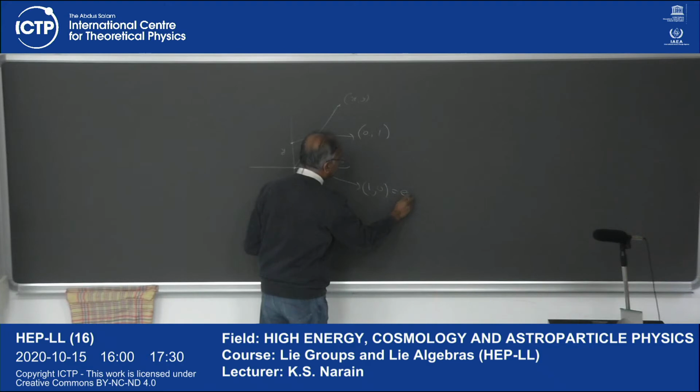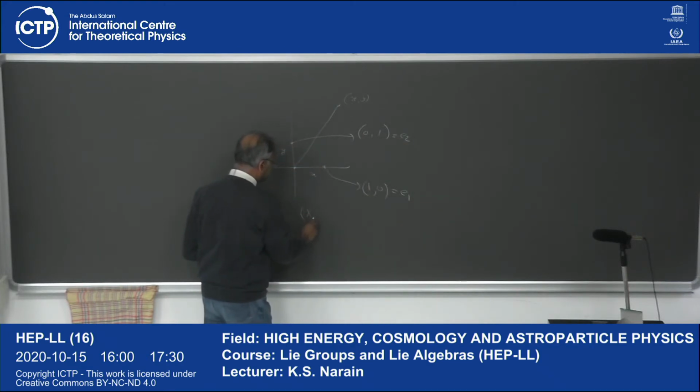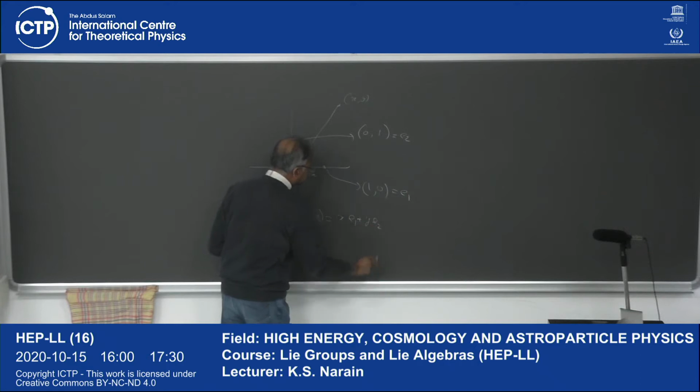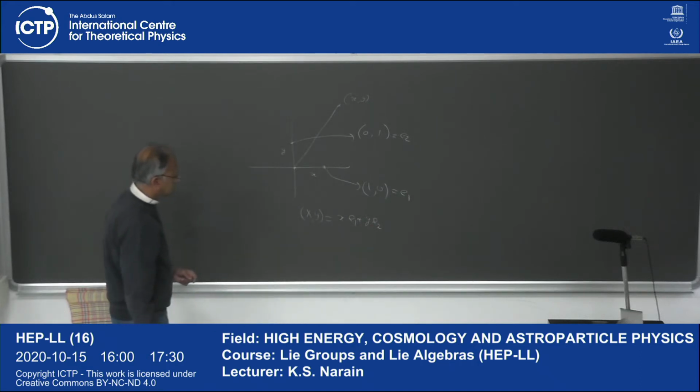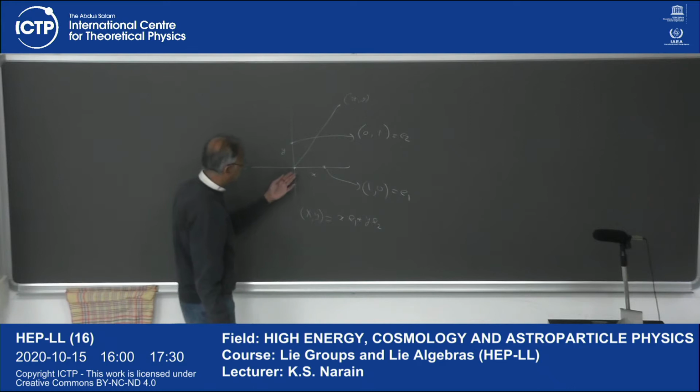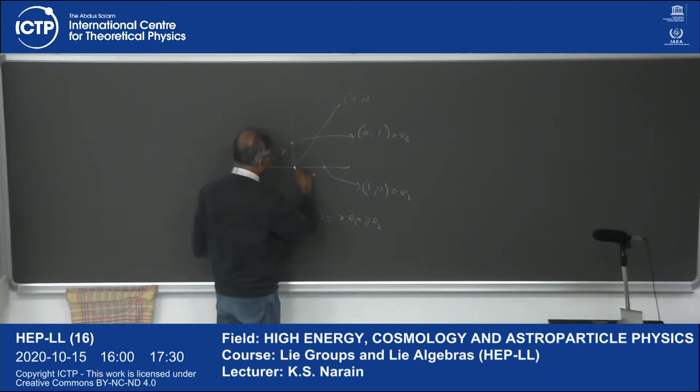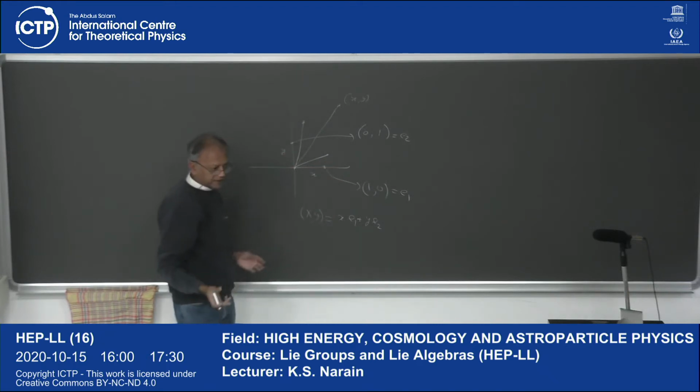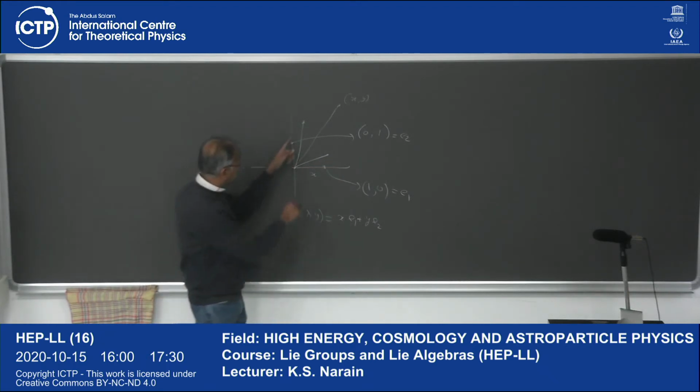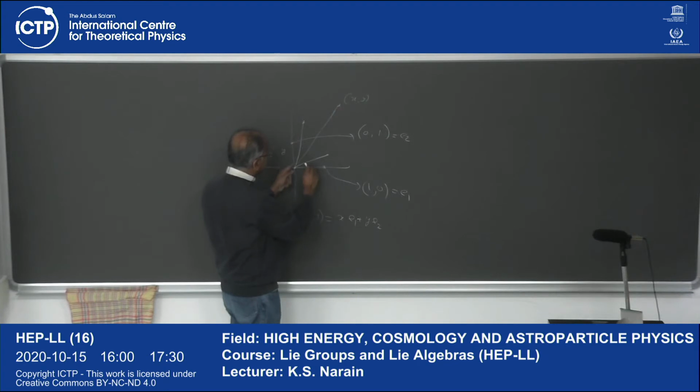Let's call this E1 and that E2. Then I can write this point x, y as x times E1 plus y times E2. But that is just a particular choice. I could have chosen a basis vector here and something here with any length, whatever I wish, but I can always express this vector as some number times this vector plus some number times this vector.